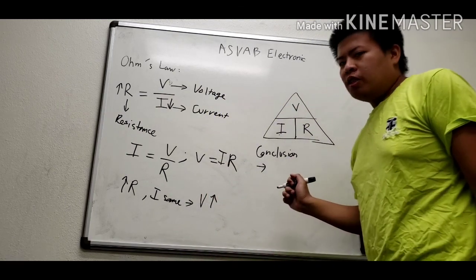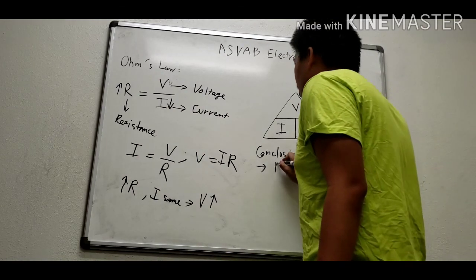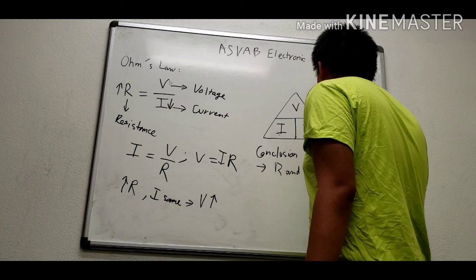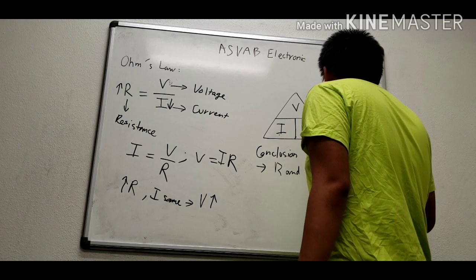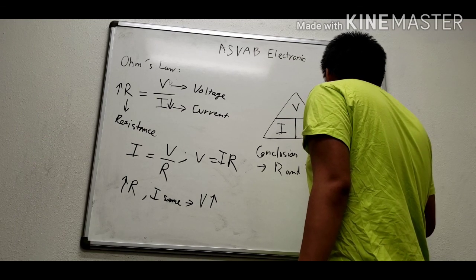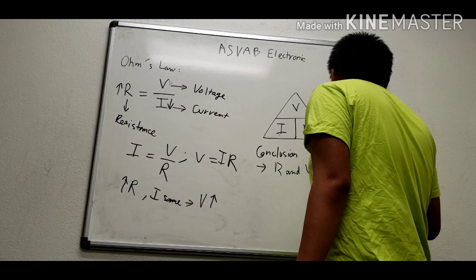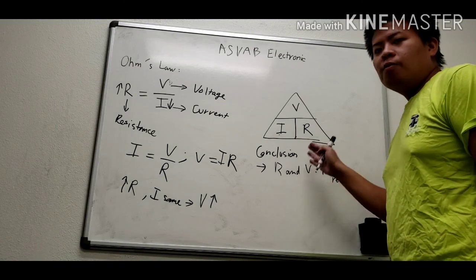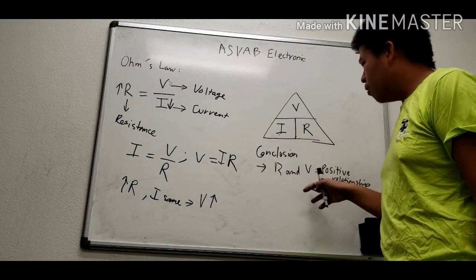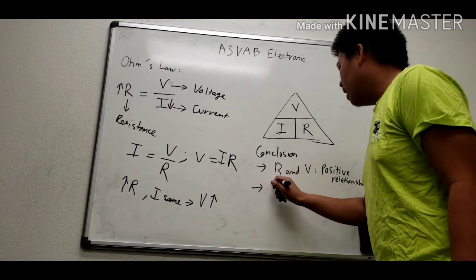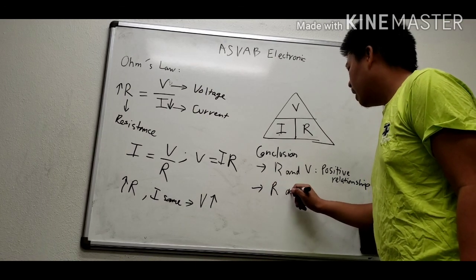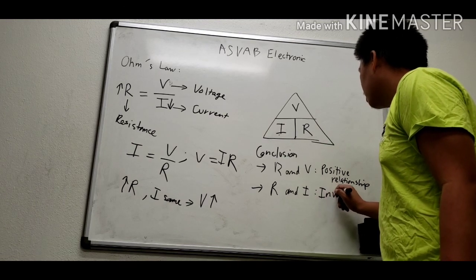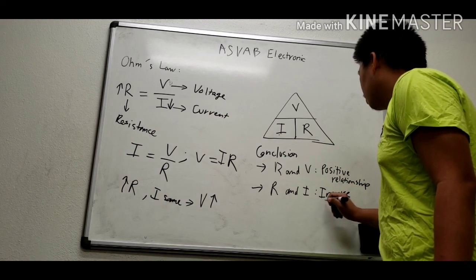In the conclusion, we know that R and V have a positive relationship. If R goes up, V goes up. If R goes down, V goes down. And R and I have an inverse relationship.